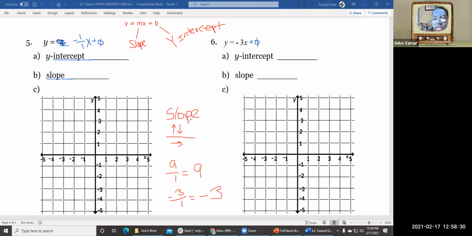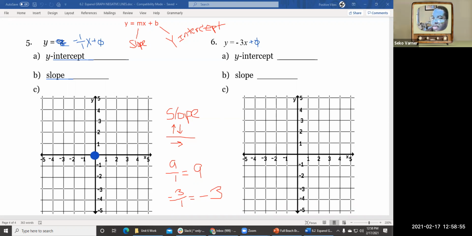And here's something we need to keep in mind. Slope is up and down over to the right. Well, if you have 9/1 as your slope, you can just put 9. If you have -3/1 as your slope, you can put -3. So the y-intercept here is going to be 0.